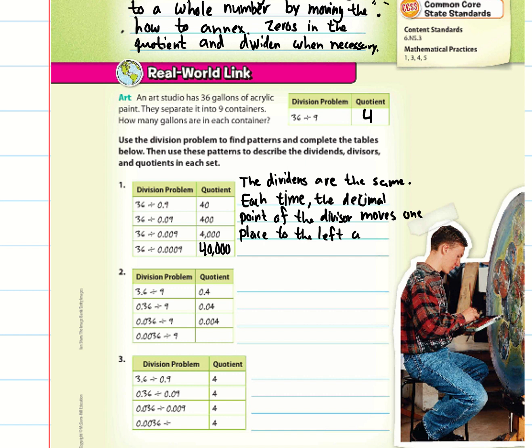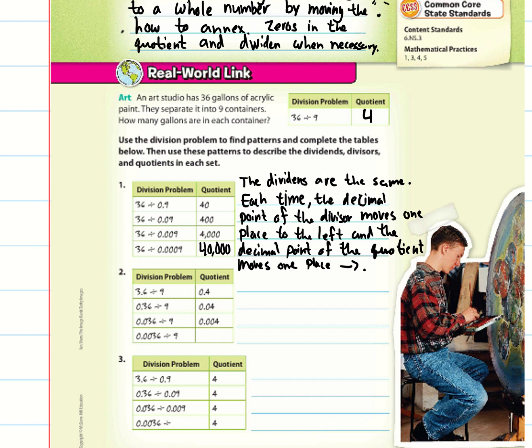And the decimal point of the quotient moves one place to the right. Running out of space, so I'm just going to use a right arrow.